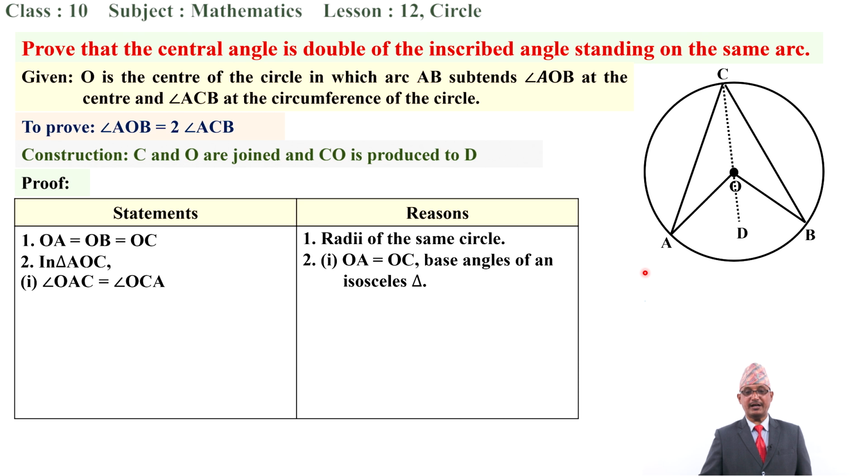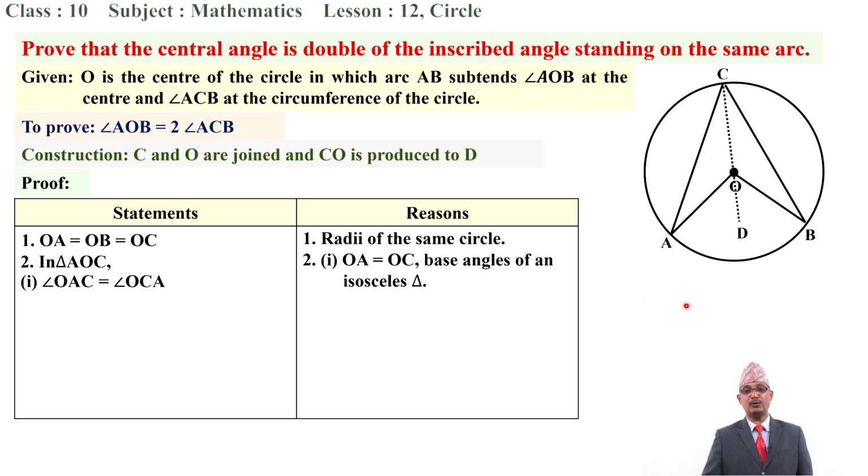Again, in the same triangle AOC, side CO is produced to D. And we know that in any triangle, if any one side is produced, we get an exterior angle. So AOD is an exterior angle. An exterior angle equals the sum of the opposite two interior angles.